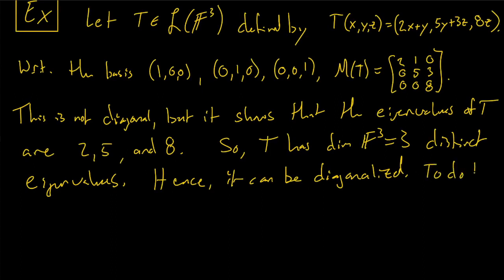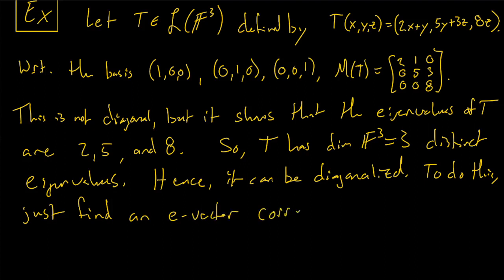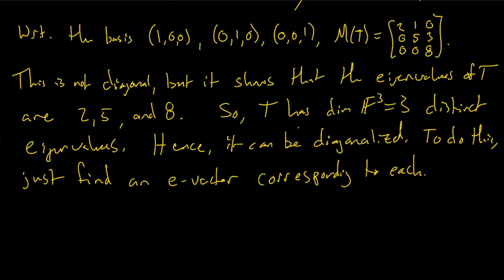To do this, just find an eigenvector corresponding to each eigenvalue. So 1 for 2, 1 for 5, 1 for 8.